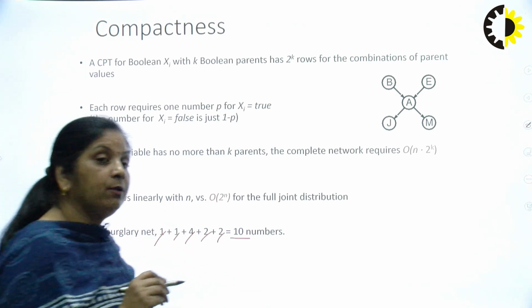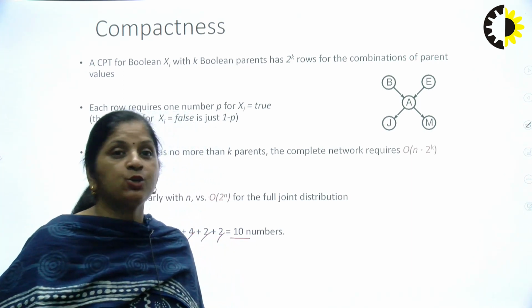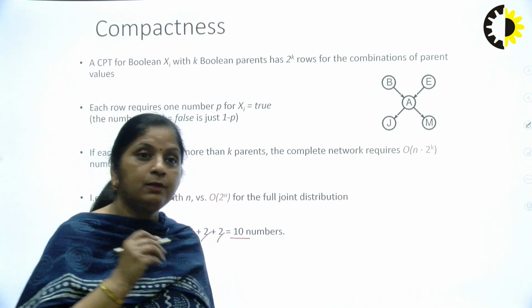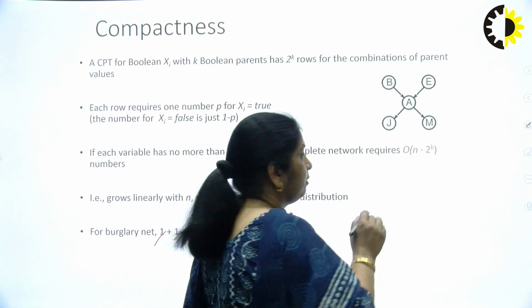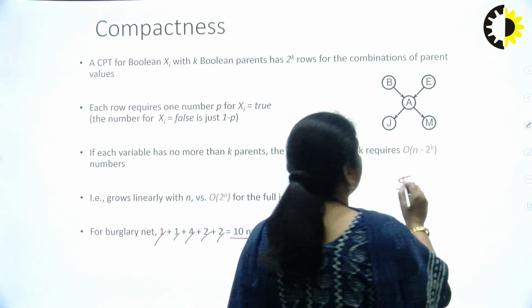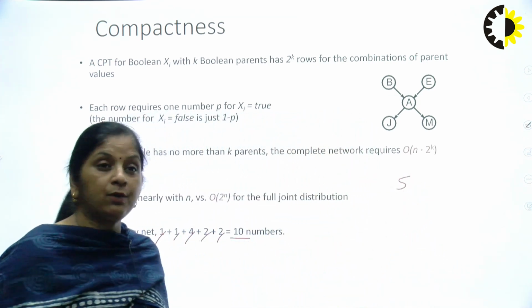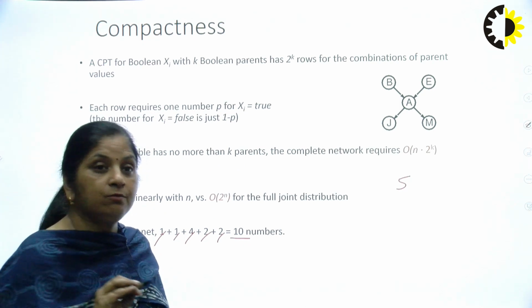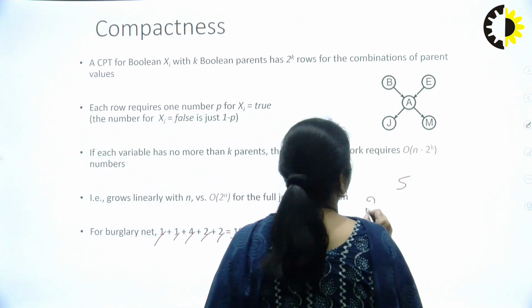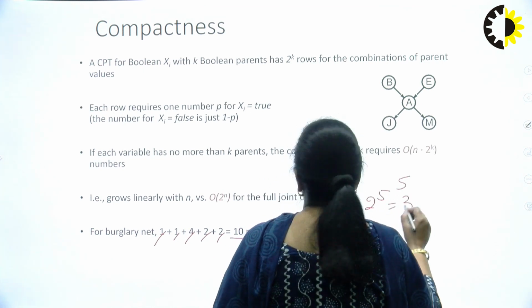And if we talk about a full joint distribution, how many variables are there? We have 5 variables. So what does it mean? It means we will have 2 to the power 5, that is 32 entries.